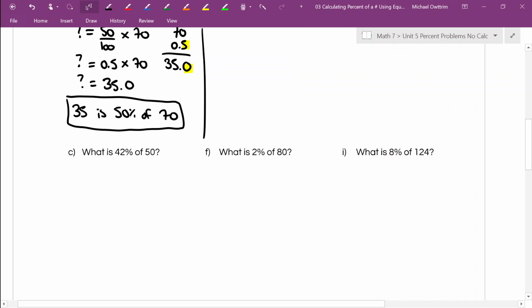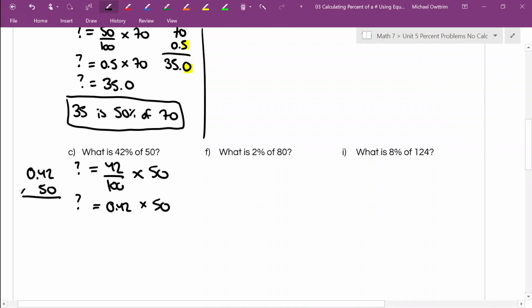Question C, what is 42% of 50? So what is 42% of 50? Let's convert that fraction into a decimal, 0.42 times 50. And let's go ahead and do that multiplication here. We want to do 0.42 multiplied by 50. 0 times 2 is 0. 0 times 4 is 0.